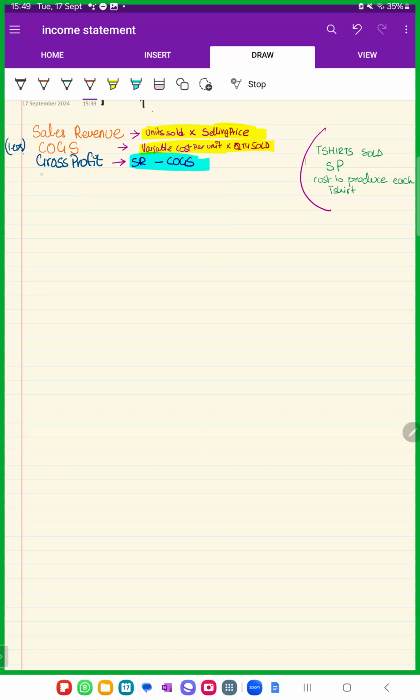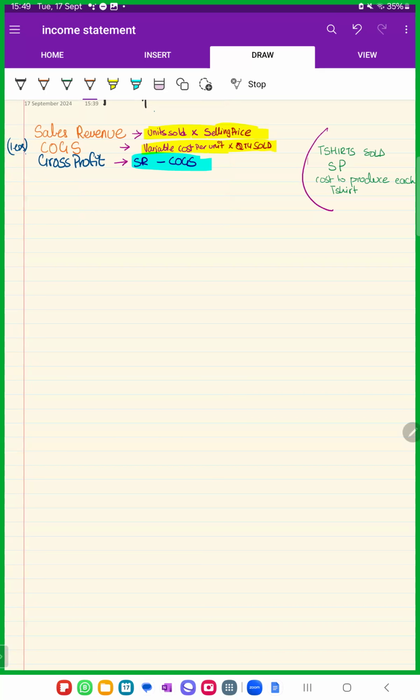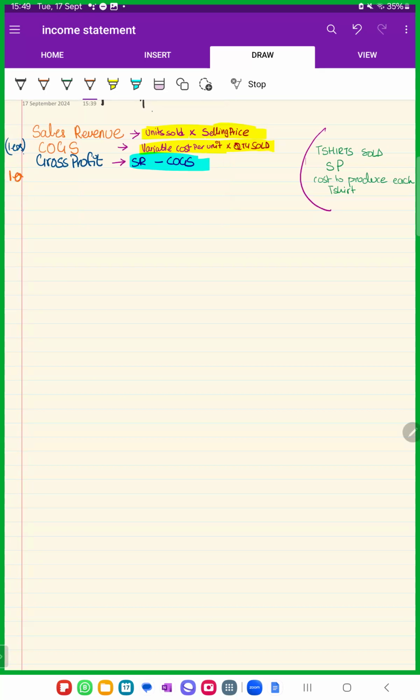So the next step is gross profit minus other expenses. That is going to give you your operating profit.